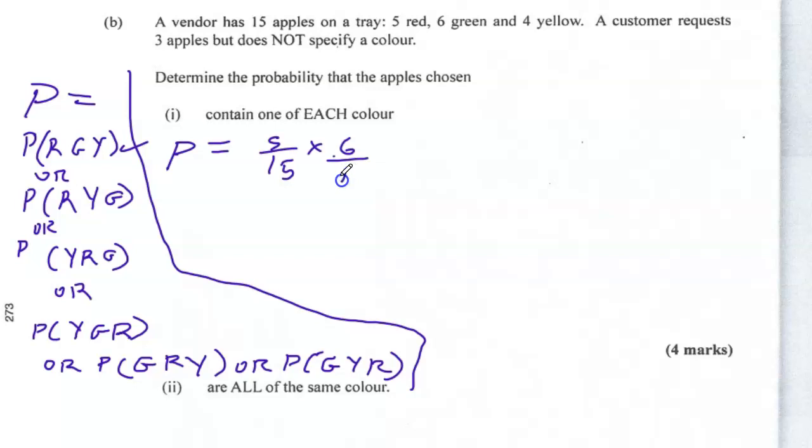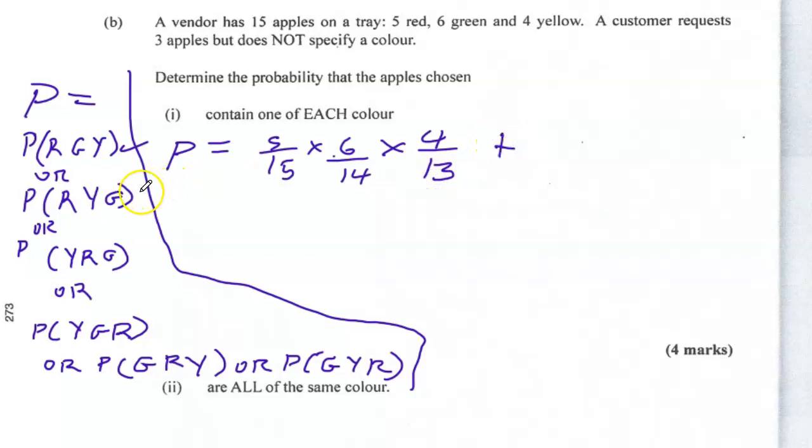Well, it's 6 over 14 because if one comes out, we assume it's without replacement. We could have also used a tree diagram, but anyway, so 6 over 14 times, and if yellow comes out next, it would be 4 over 13.